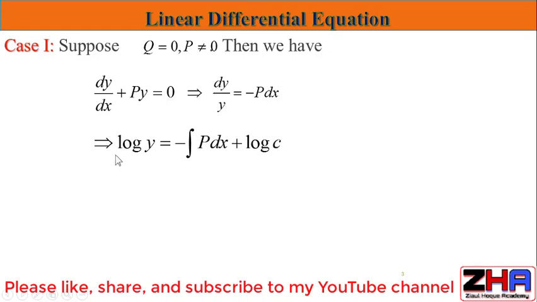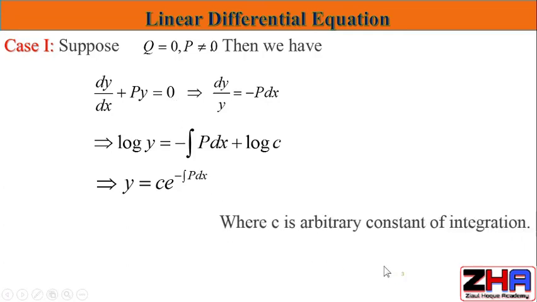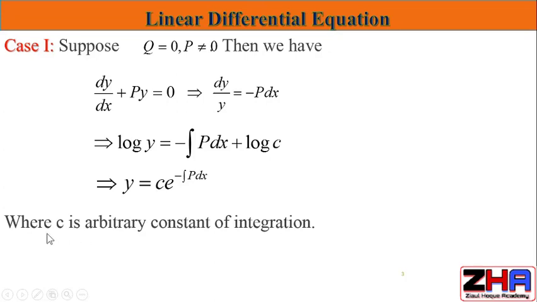By integration we get log of y is equal to minus integration of p dx plus log of c, which gives y is equal to c e to the power minus integration of p dx, where p is the coefficient of y and the right hand side q is equal to 0. In this case, c is an arbitrary constant of integration.